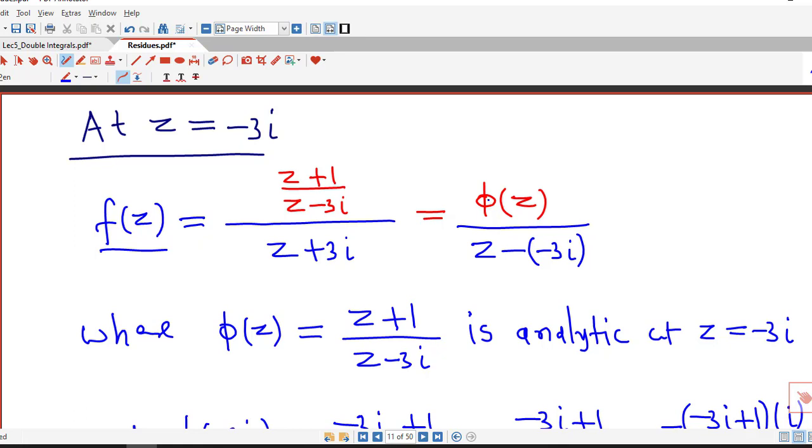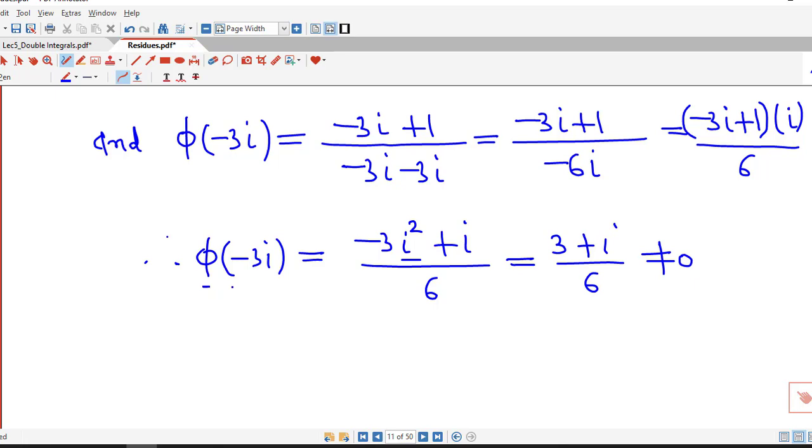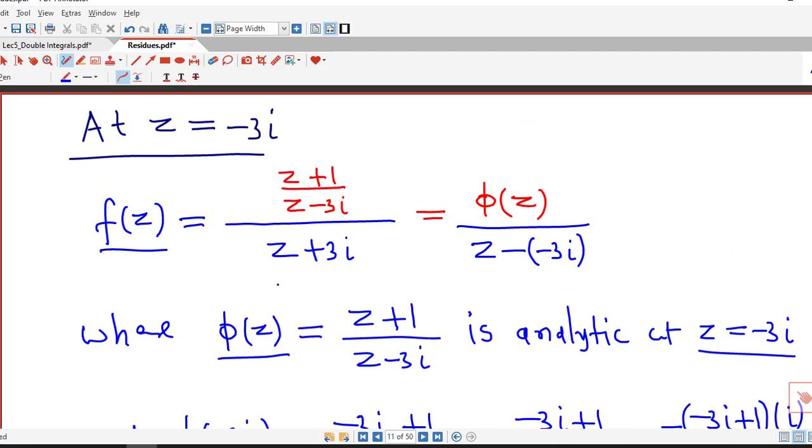So now our function f of z can be written as phi of z over z minus minus 3i, where phi of z is analytic at z equal to minus 3i and the value of phi at minus 3i is non-zero, and here the power of z minus minus 3i is 1.